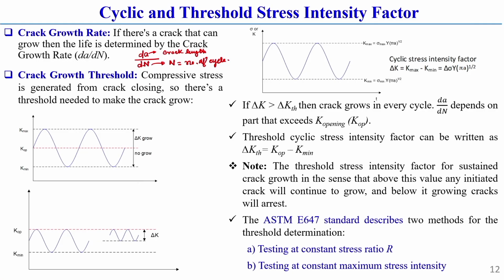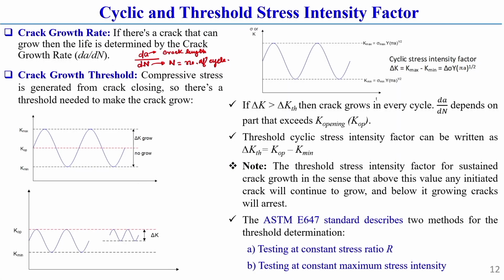This negative stress can act as compressive stress, which acts as crack-closing stress. That is why, to open the crack, a threshold value of stress intensity is required. What I am telling, understand?